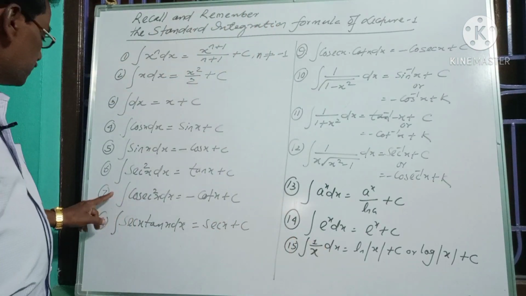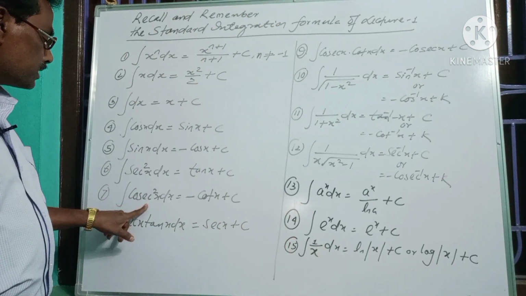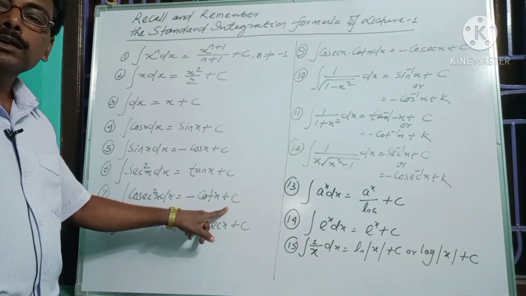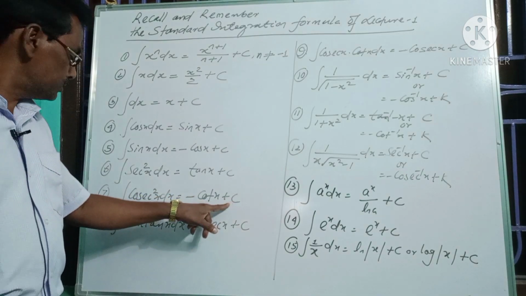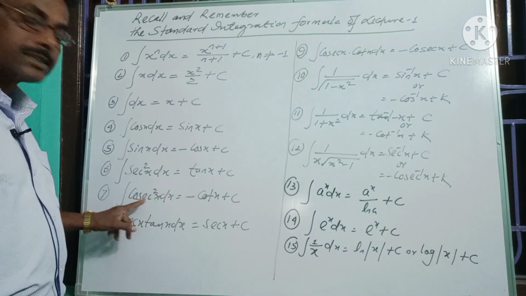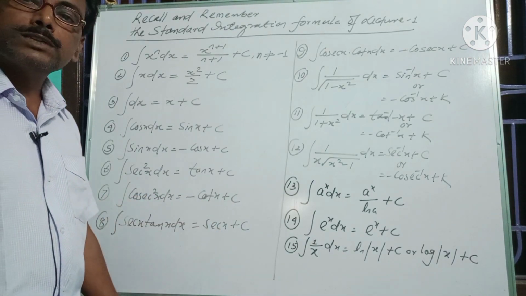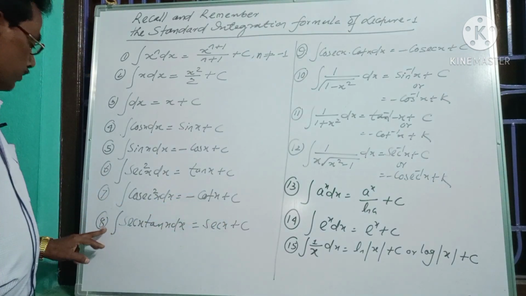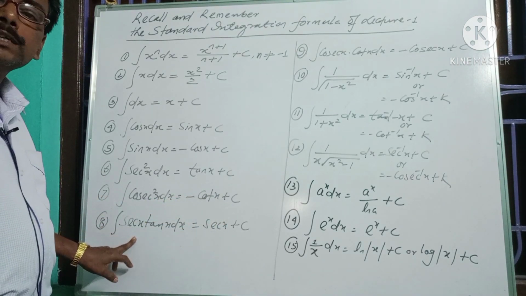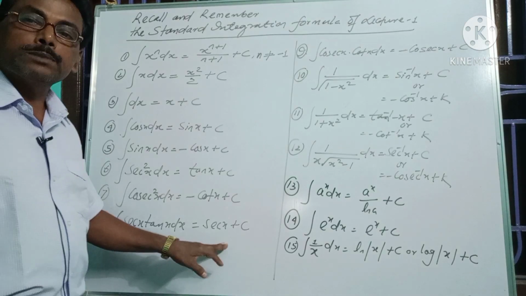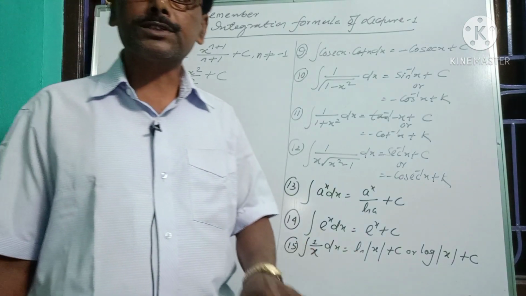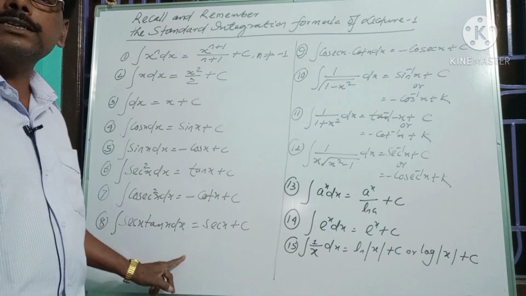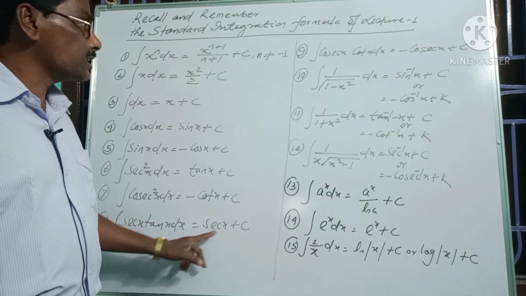Then we have already derived integration of cosec square x with respect to x is equal to minus cot x plus c, because the derivative of minus cot x plus c is cosec square x. Then integration of sec x into tan x with respect to x is equal to sec x plus c, because the derivative of sec x plus c is sec x into tan x.